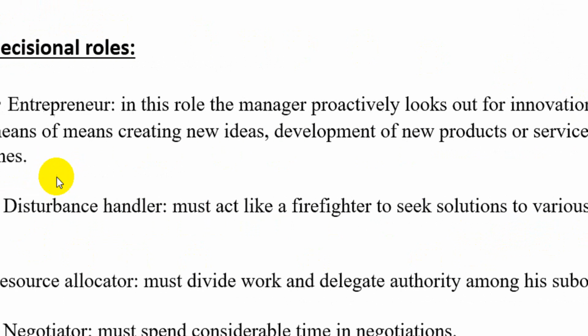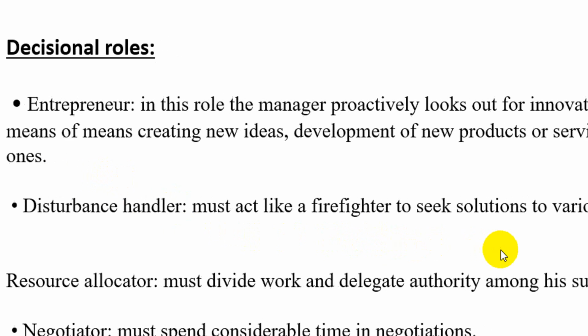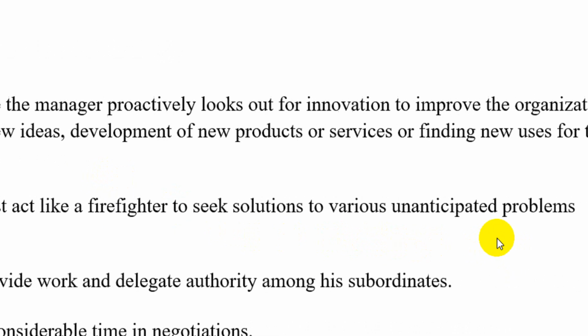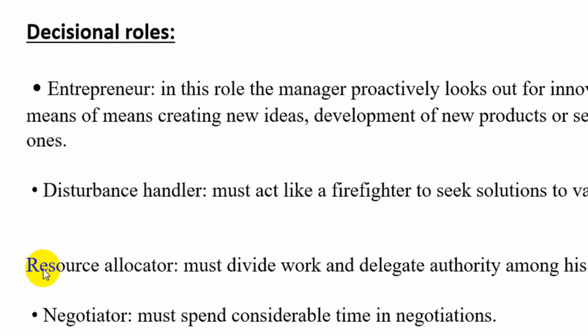So he should be an entrepreneurial, thinking role. Next is the disturbance handler, who must act like a firefighter to seek solutions to various unanticipated problems. There will be various clashes among the employees in an organization. He should be able to handle that situation and resolve the issue so that normal working can take place.